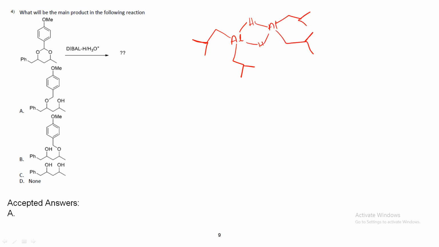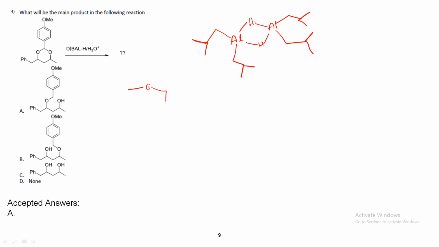Here you can see aluminium in this particular condition. It is pretty bulky because two isobutyl groups are there.